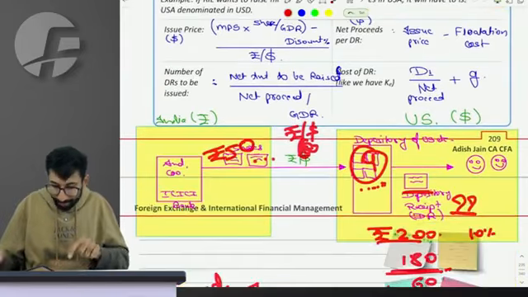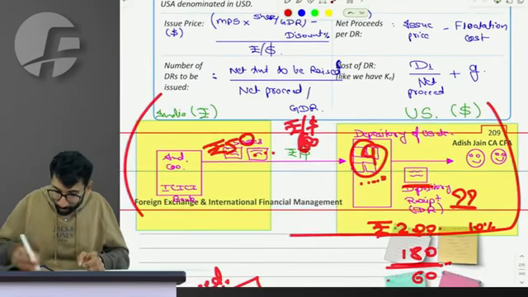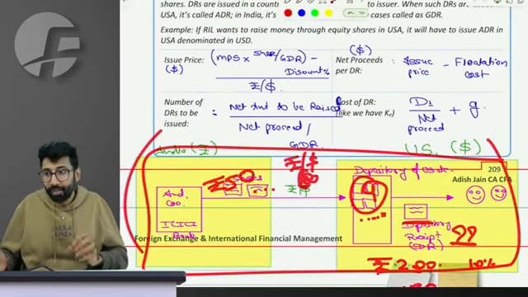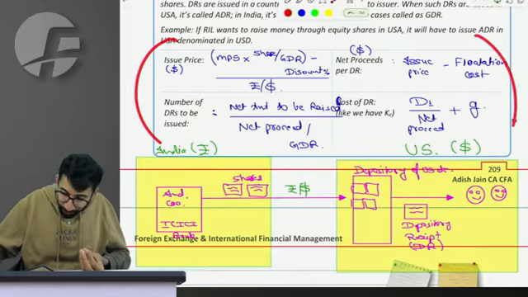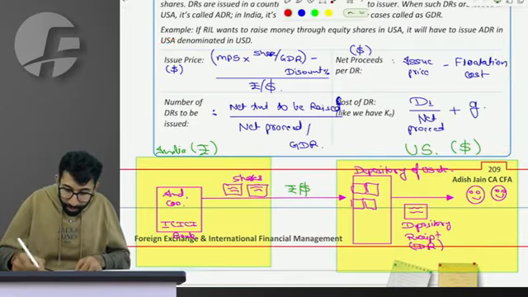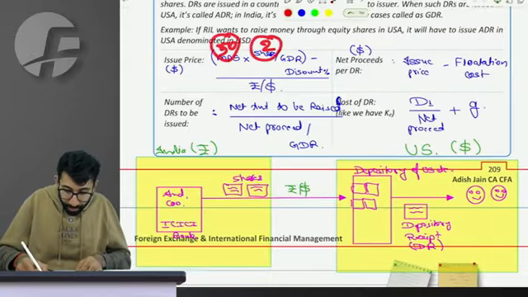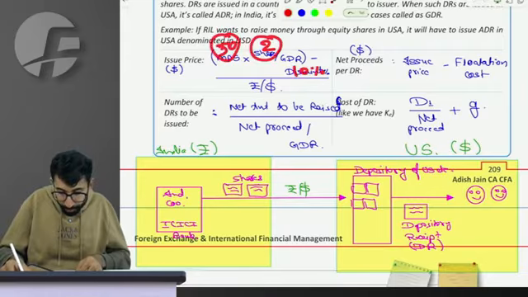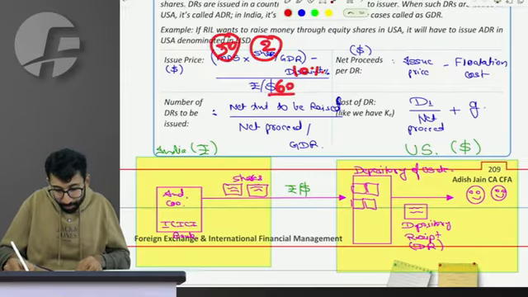So let us solve a practical question, right? These are the formulas I have typed down for you, but they are more of common sense. Every GDR has 4 shares where the price per share is 50, and I am giving you a 10% discount, where the rupee per dollar rate is 60.